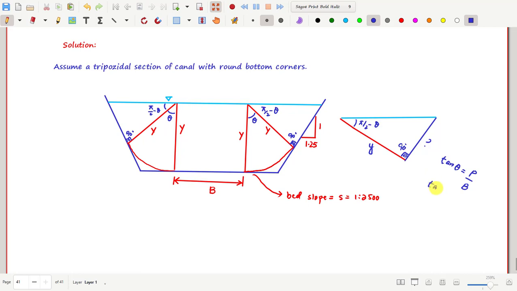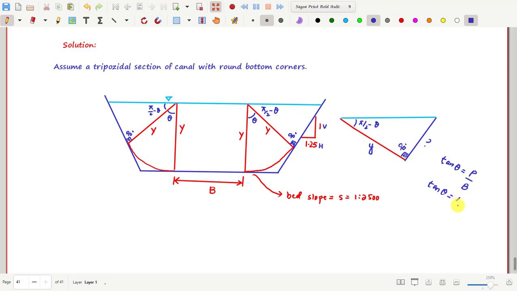So in this case, what is our perpendicular? As we know that this side slope is given to us, right? 1 vertical and 1.25 horizontal. Vertical means perpendicular, horizontal means your base.